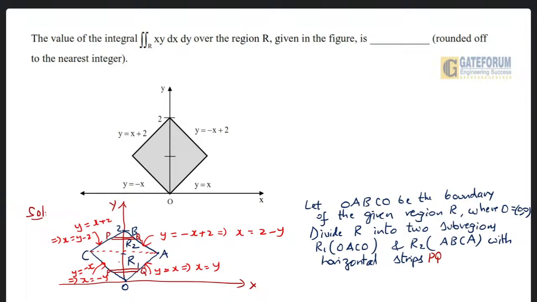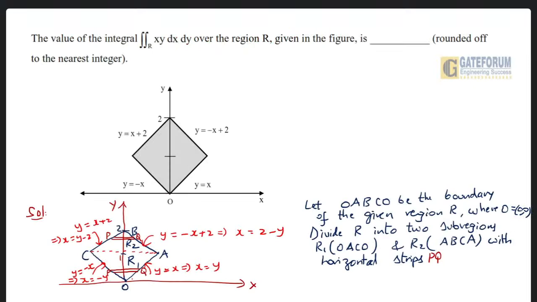So in R1, the y limits are 0 to 1. This is 1. And in R2, the y limits are 1 to 2. Okay. So in the R1 region, the x limits are minus y to y. The y limits are constant limits, 0 to 1. Am I correct? This is 0 to 1. For the y direction, y equal to some number means it is a horizontal line.